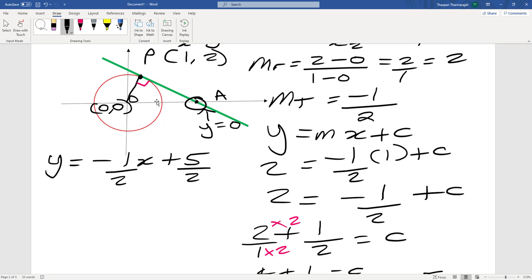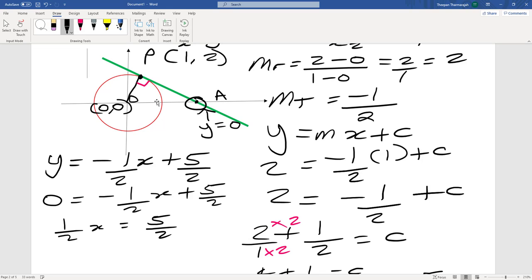So let's make this y value 0. So we get 0 is minus a half x plus 5 over 2. Then we can take minus a half x to the other side, so half x equals 5 over 2. And like last time, the 2's will cancel out, so I will get that x equals 5. So the coordinate for A is 5, 0.